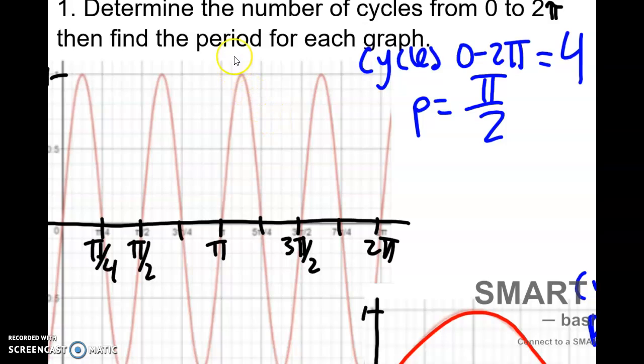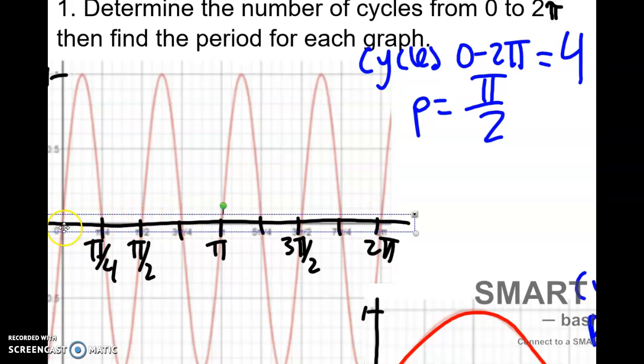Let's look at how we determine the number of cycles from 0 to 2 pi, and then find the period for each graph. If you have the graph to look at, you can just look at the graph and figure out what that is. You always look from 0 to 2 pi, and for this graph, 0 to 2 pi goes all the way over to here.